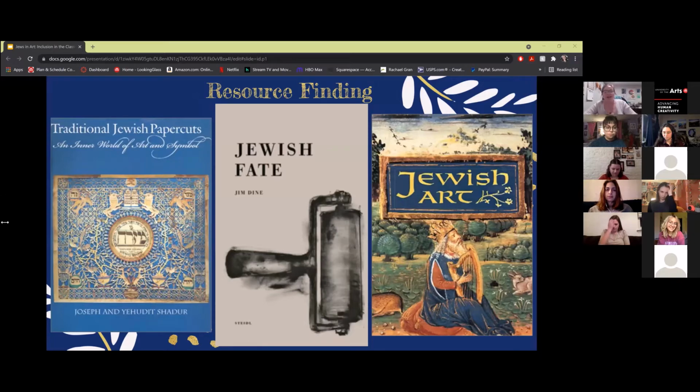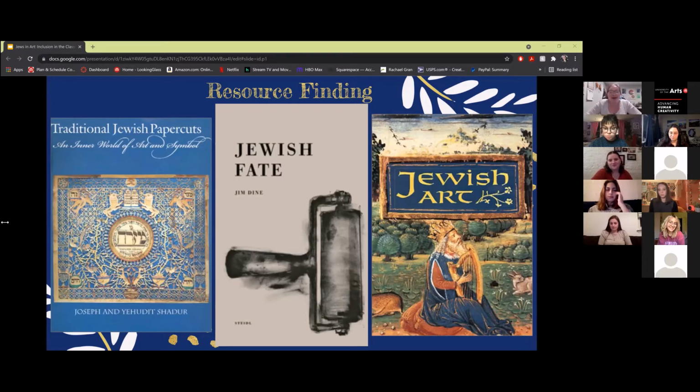And then one day I was doing a job for work study in the library. It's funny, I wasn't even thinking about my research project, and then this book was glaring at me on the shelf and it said Jewish Fate. And I was like, well, I guess this is where I begin. I have to check this book out.